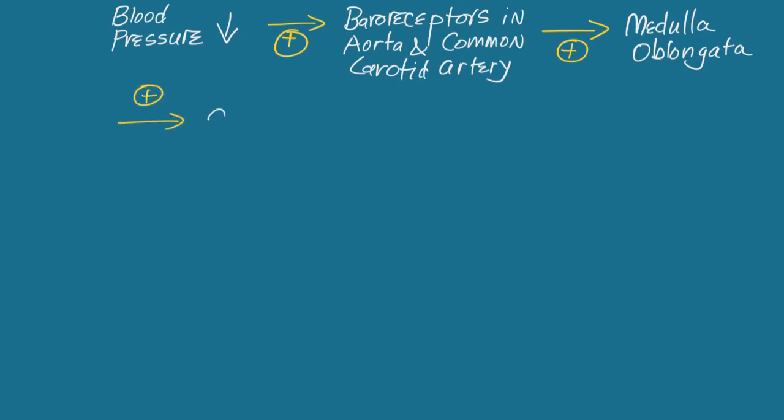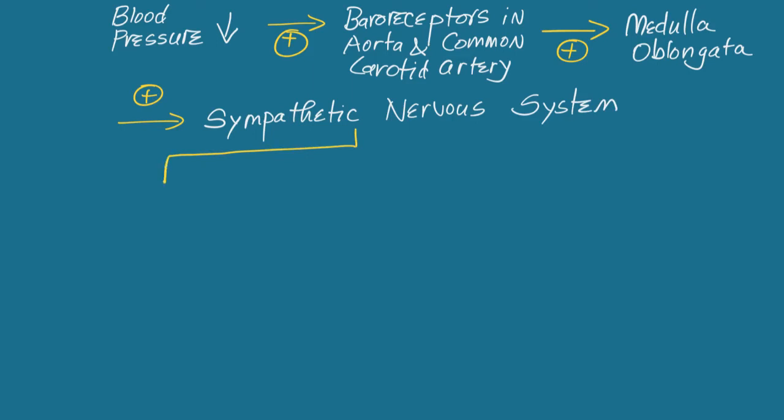The medulla oblongata activates the sympathetic nervous system. So there's your plus sign again, saying that the sympathetic nervous system has been activated. We know that the sympathetic nervous system acts on both the arteriole and the heart. They have positive effects on both.